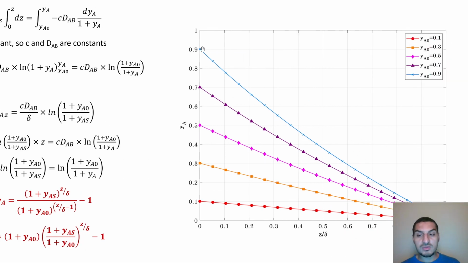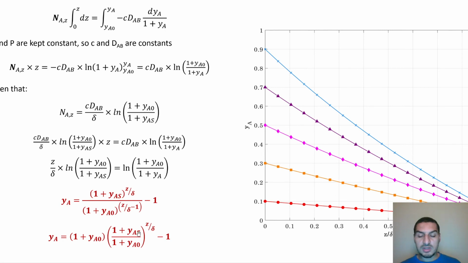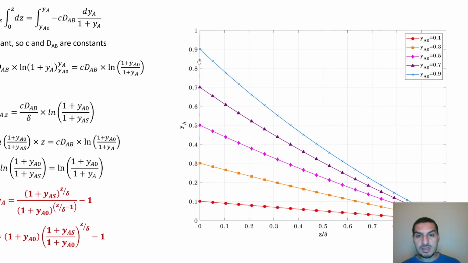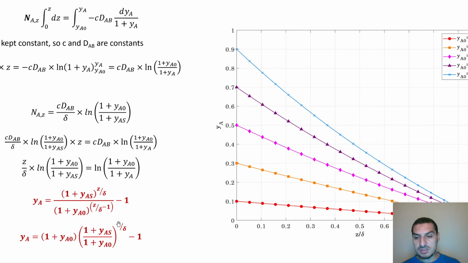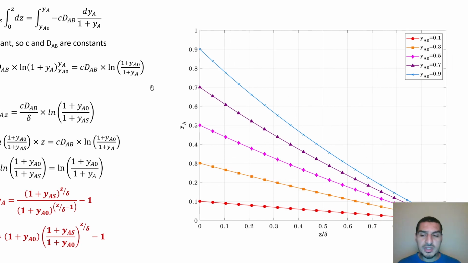If you put YA naught as 0.9, this is the very first point here. If you put z equals 0, then this is all power 0, so this bracket is going to be 1, and I'll have 1 plus YA naught minus 1, which is YA naught. So at z equals 0, y equals YA naught, which is logical.